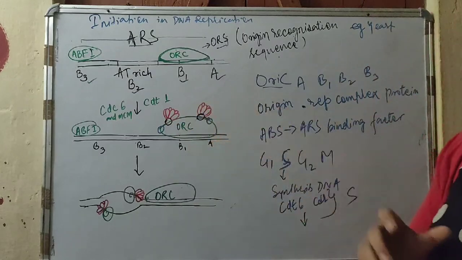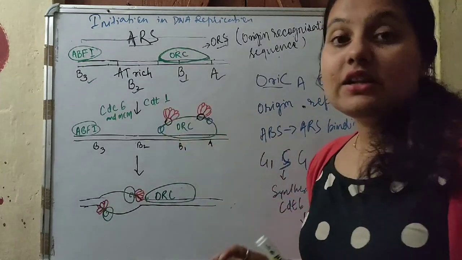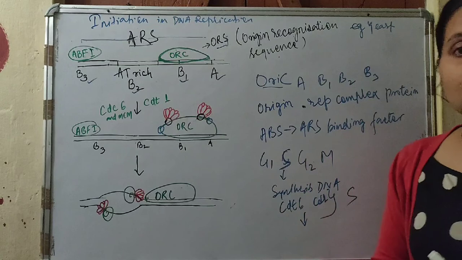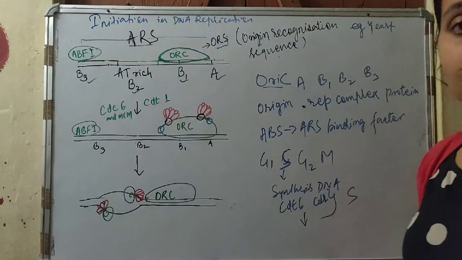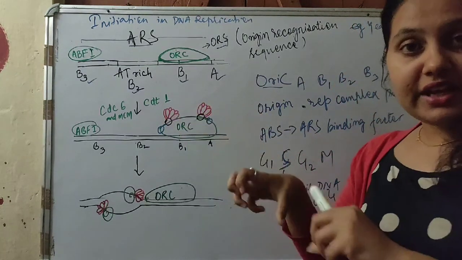As they bind to the ORC complex, the AT rich region will start to melt because of the tension created in the DNA strand.